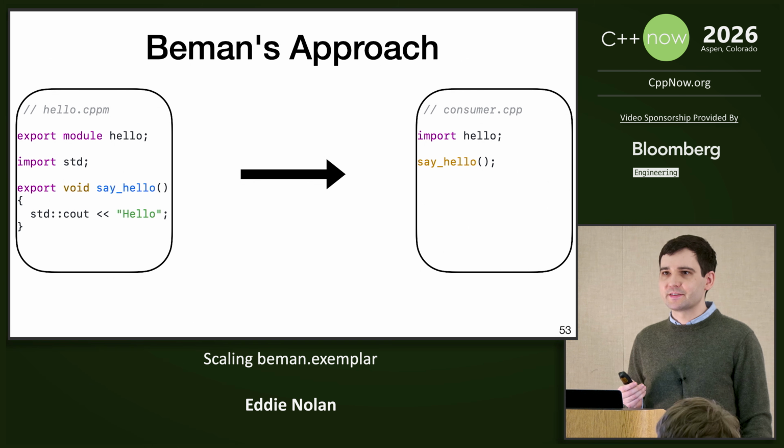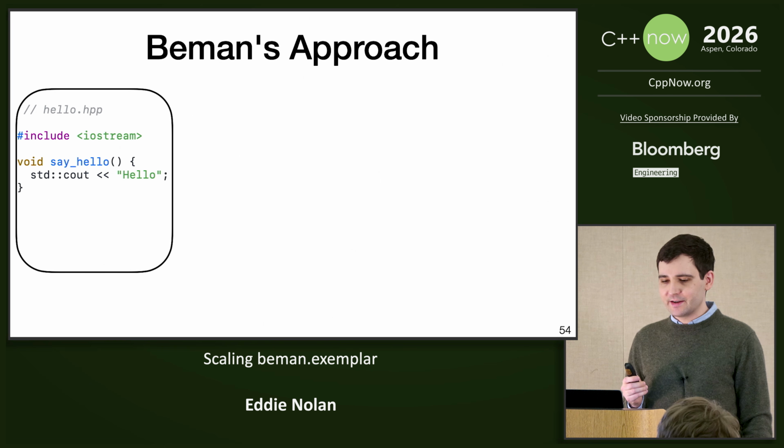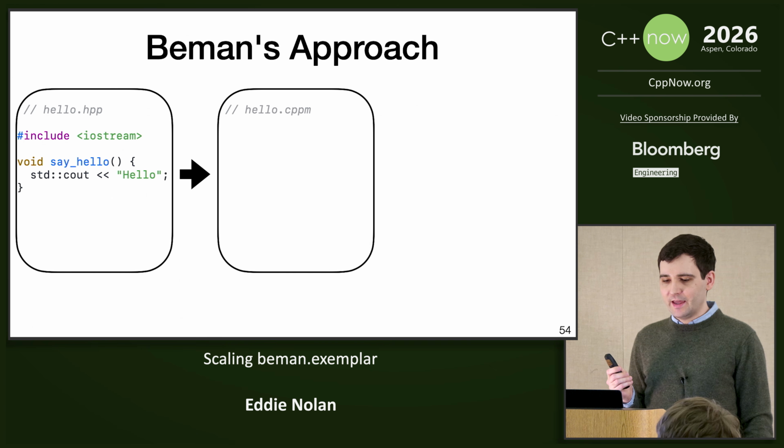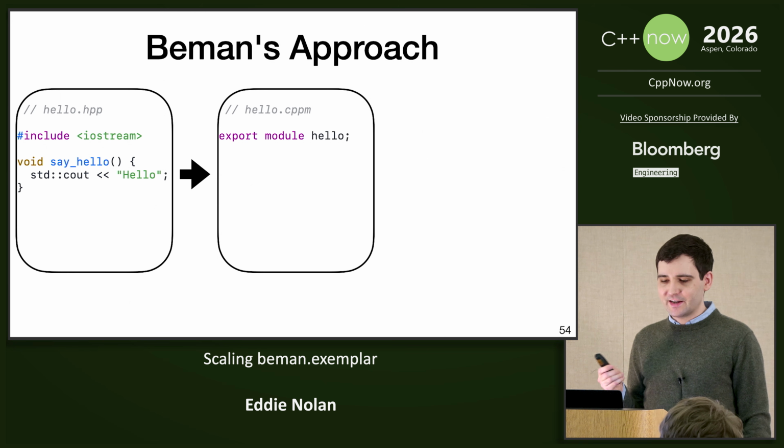So what we want is essentially to split the difference and have both of these. And the way that we do that is we're going to take our hpp file, and we're going to create this .cppm file, this module implementation file. And all that's going to do is export the module. It's going to import std for the standard library dependencies.